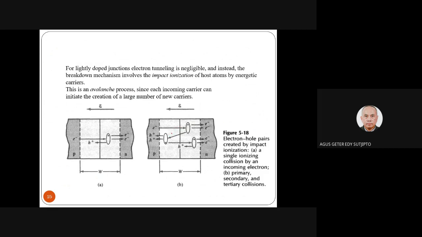Then the electron in the conduction band will move to the positive terminal of the battery, and the hole to the negative terminal of the battery.